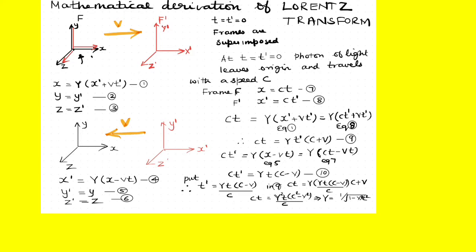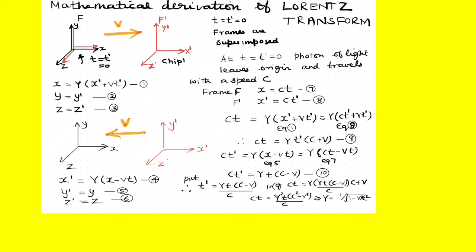So at t equal to t dash equal to 0, you can see that both these are superimposed, but the red frame, so let's call, as per the previous case, the Bibco frame, which is a black one, and the Chipco frame, which is a red one.